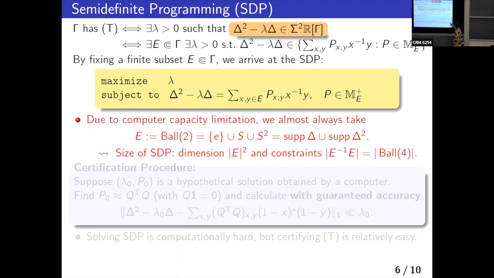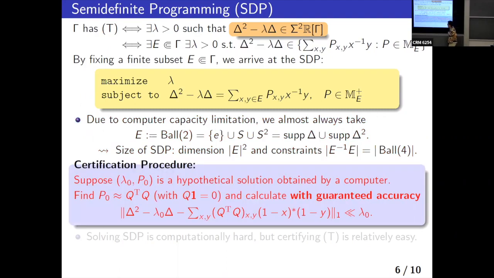And the size of the SDP is like this, so that it's quite easy to get to a million for groups we are interested in. And then of course the computer algorithm does something like black magic and gives you an answer, but it's not the answer. The computer gives you some lambda-naught and P-naught saying that this is a solution, but of course it's not a real solution.